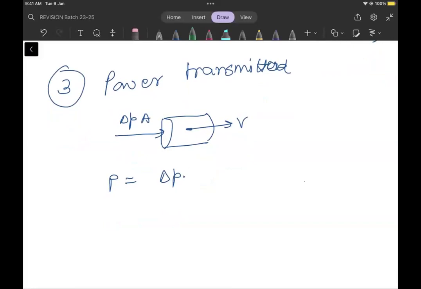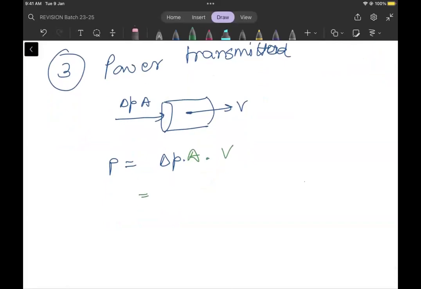So power is equal to force dot product with velocity, and I can write this as bk s naught cos(kx minus omega t) A into velocity of particle. Remember, not velocity of the wave, velocity of particle.